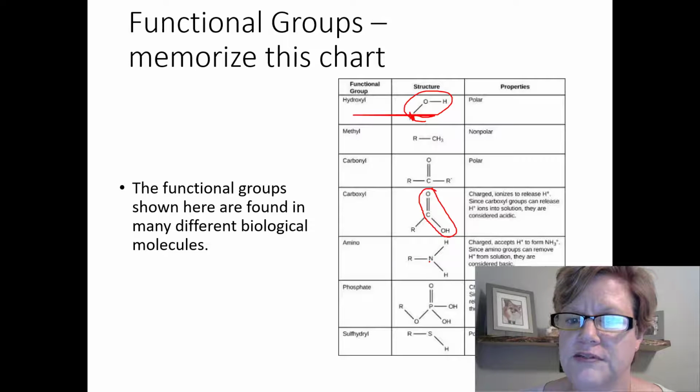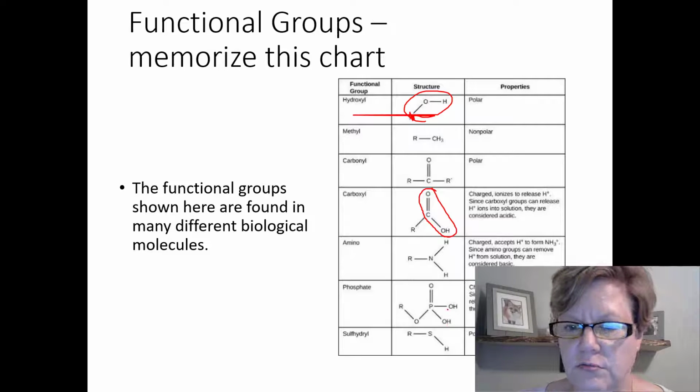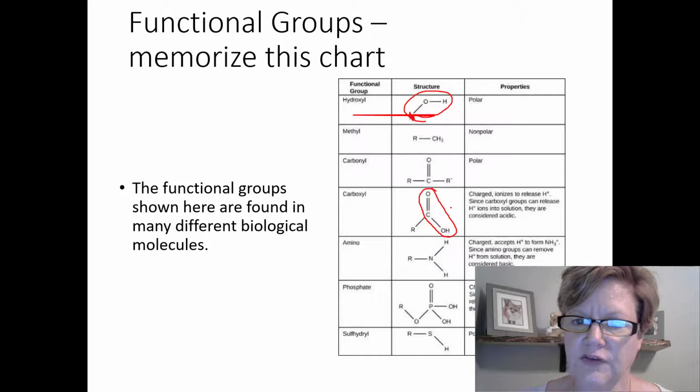The amino group is an N, a nitrogen, and 2 hydrogens. The phosphate group is a phosphorus, P, that's a new one, double bonded to an O, and then 3 other single bonded O's, and then 2 H's. And sulfhydryl is the one that has the sulfur.